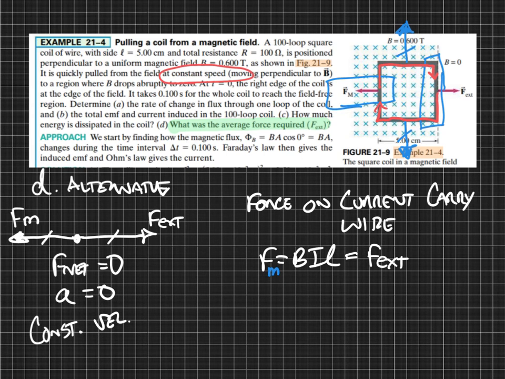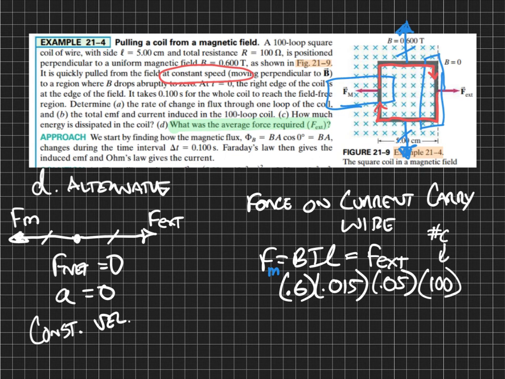So if we solve for this, my magnetic field is 0.6. My current we already solved for is 0.015. And then the length is the 5 centimeters, again 0.05 meters. That all multiplied together, and one other thing: we're going to multiply that by 100 because we have 100 coils.